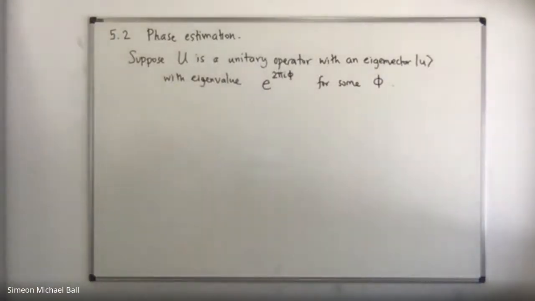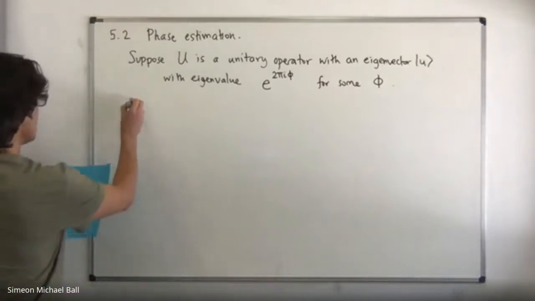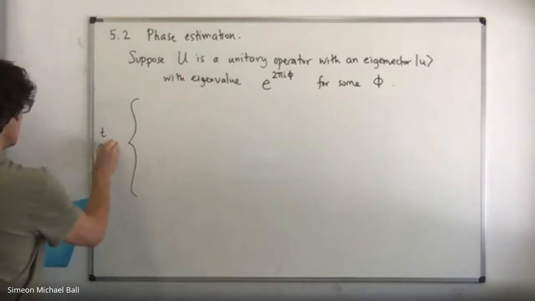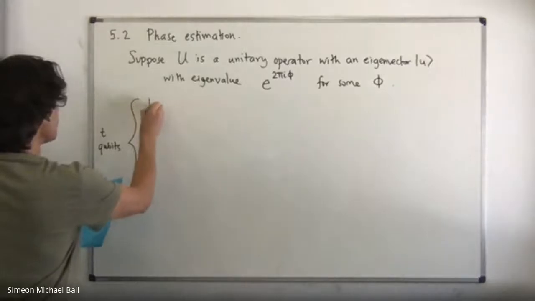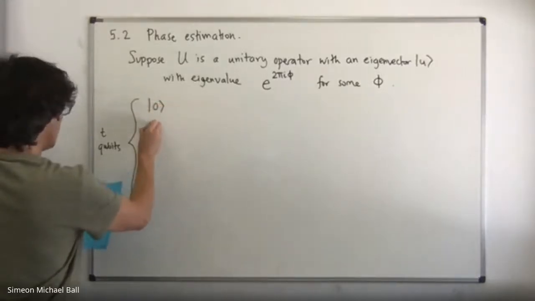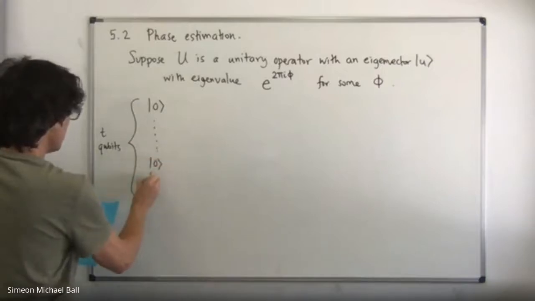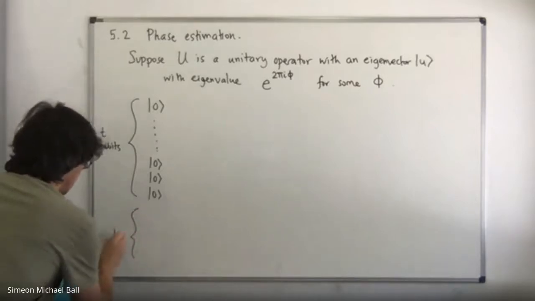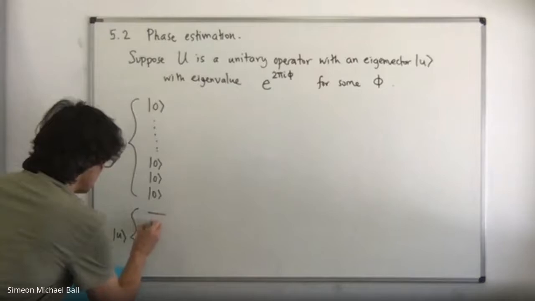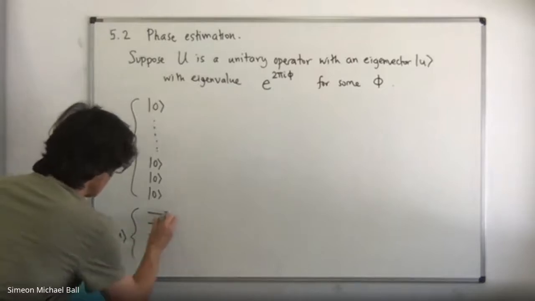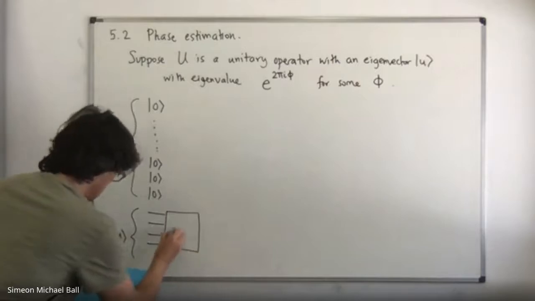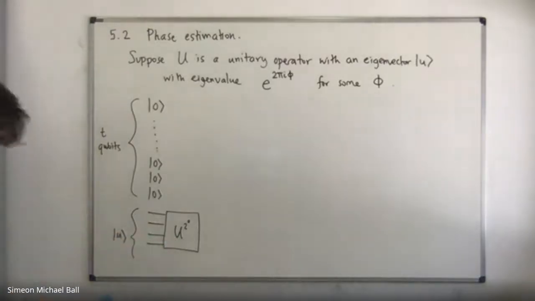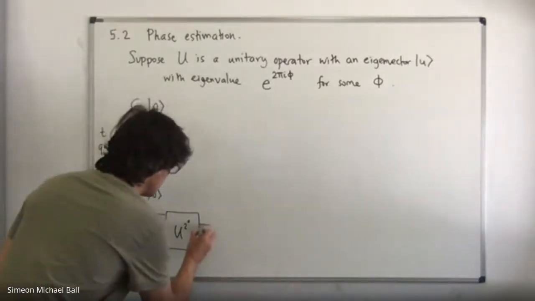Right, so let me just copy this up. I think it's the easiest way. I'm trying to be clever, but I can't think of a way to do it. So here we're going to have t qubits, and this is going to give us a level of our estimation for phi. We're all going to start off in 0. And here below, I have u, which is our eigenstate, and that will be on some amount of wires, depending on how many qubits you add.